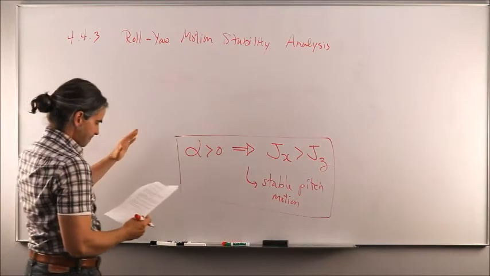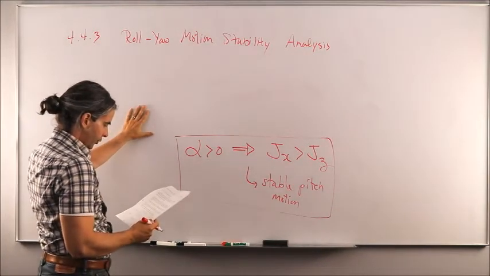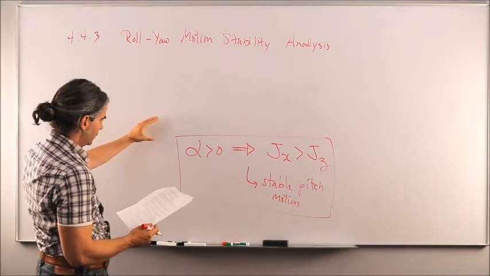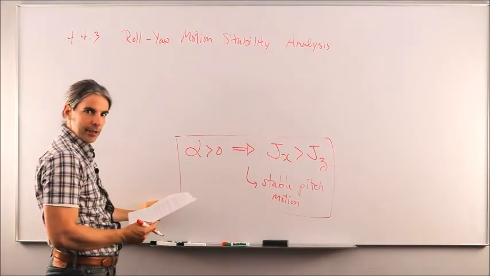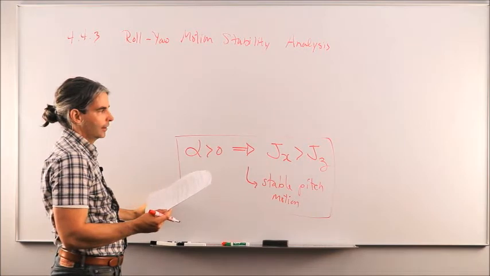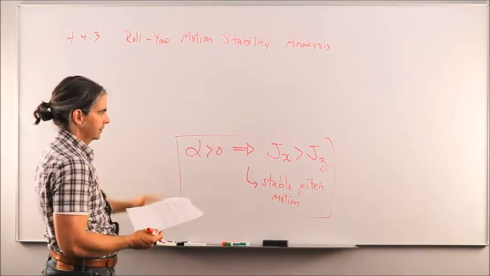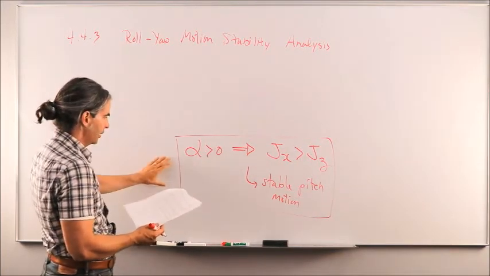Okay. What you have to do to begin the process is to go back to the x and y equations we had obtained during our last lecture. These last three equations we had on the board here.